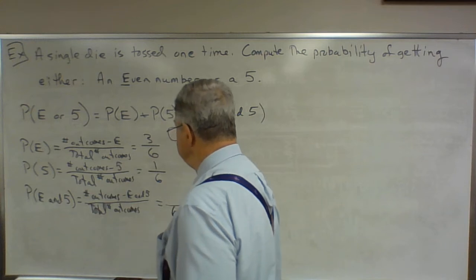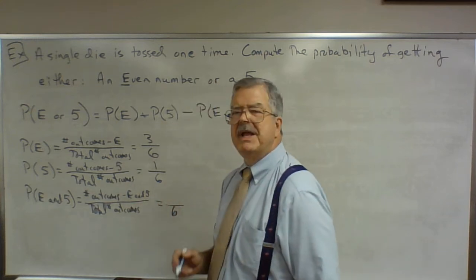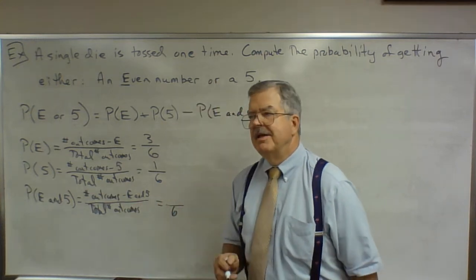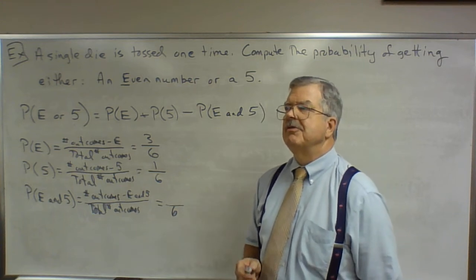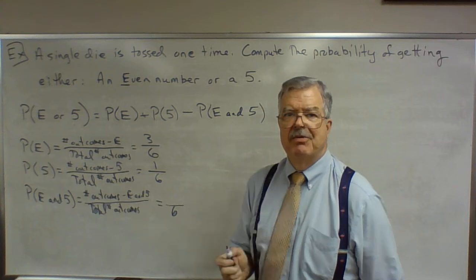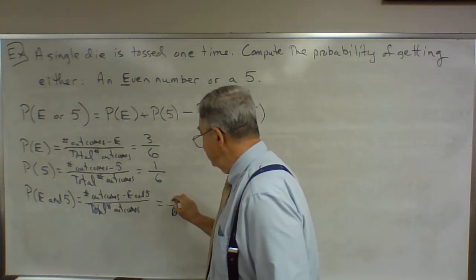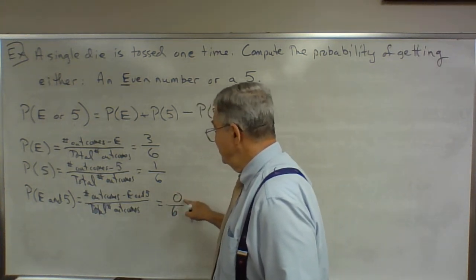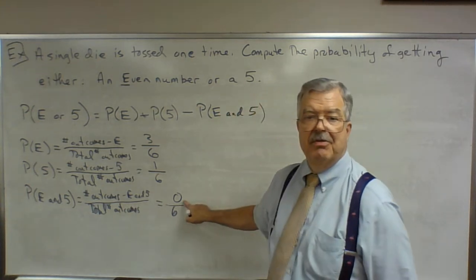Total number of outcomes is 6, and how many ways can we get an even number and a 5? We go 2, 4, 6, and we go, oh, we can't get both an even number and a 5, so this is 0 outcomes resulting in both an E and a 5.